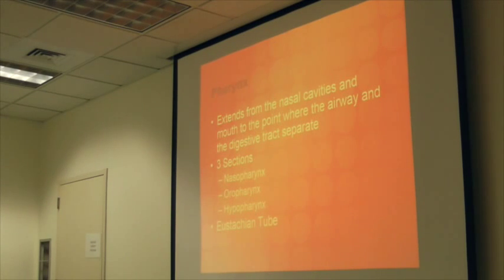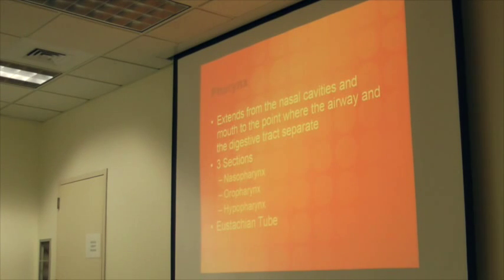All right, the pharynx is actually the space that's behind the nose and the mouth and below the base of the tongue. So the pharynx is a space. It extends from the nasal cavities and mouth to the point where the airway and the digestive tract separate. So there's 3 sections.